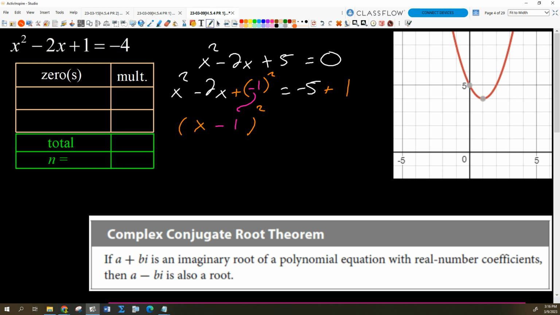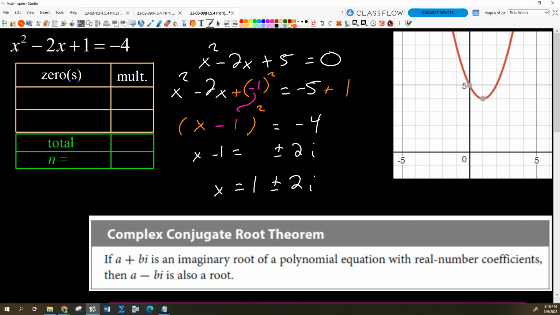And on the other side, we just get negative 4. And so now what? Square root. So I get x minus 1 equals plus or minus 2i. Last step, add 1. Look at that, a complex conjugate pair, just as advertised.